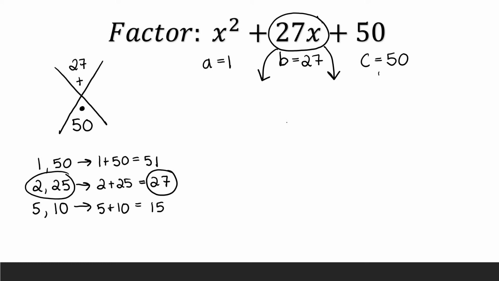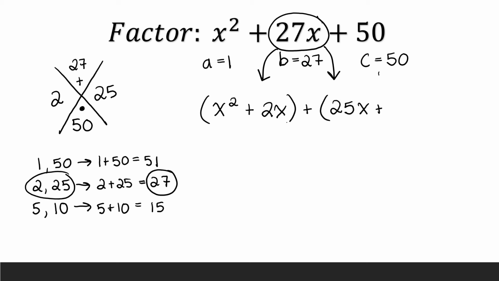So we're splitting this 27x up into a 2x and a 25x, since 2 times 25 is 50, and 2 plus 25 is 27. So we have x squared plus 2x is one group, and then plus the quantity 25x plus 50 is our other group, because 2x plus 25x is 27x. So we just split it up.